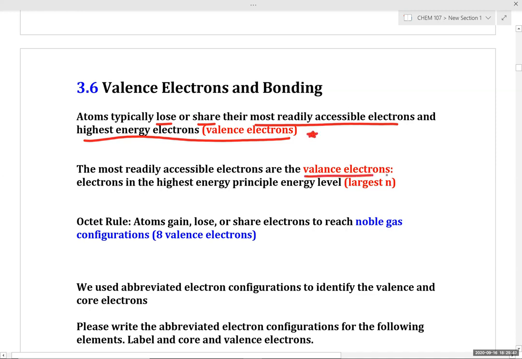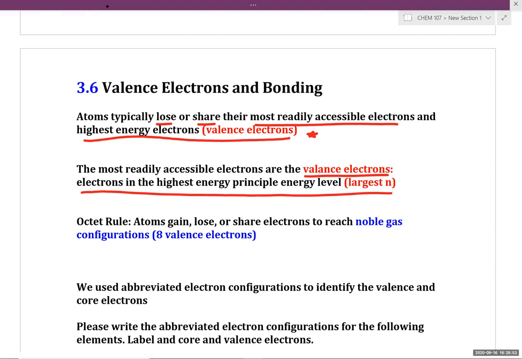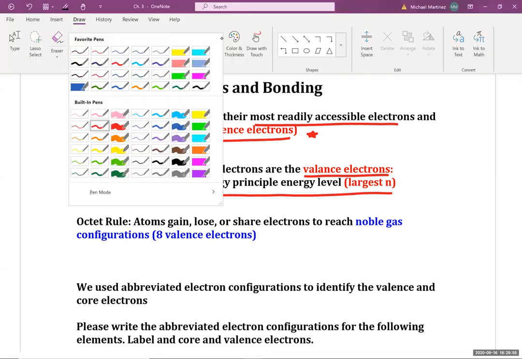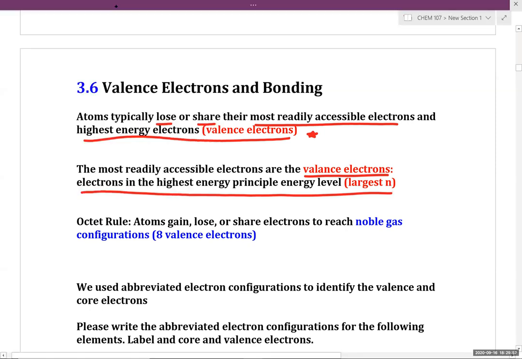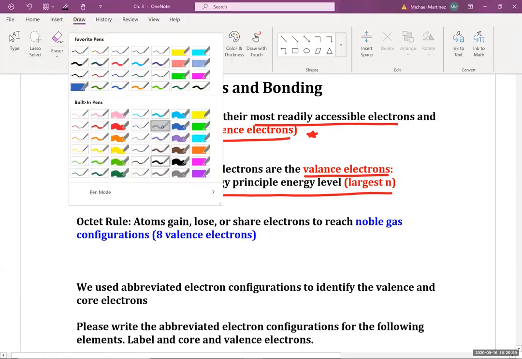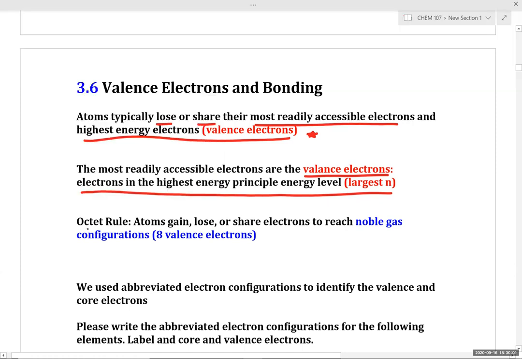The valence electrons are defined as the electrons in the highest principal energy level, the electrons with the largest n value. And that in turn leads us to a really important rule known as the octet rule, where atoms will gain, lose, and share electrons to reach noble gas configurations, 8 valence electrons.